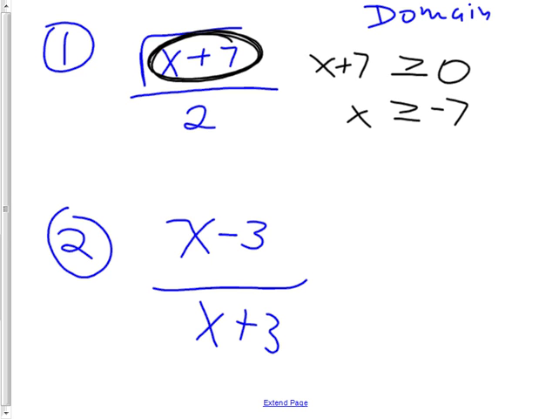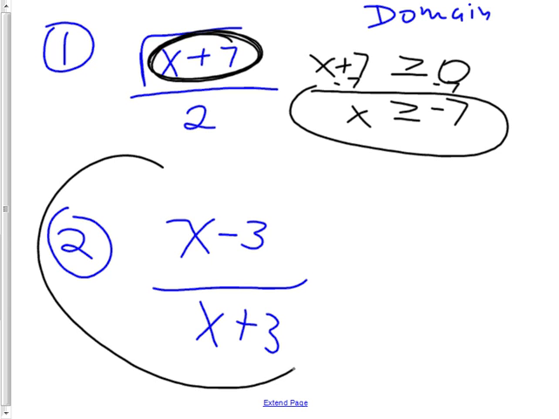I did a negative 7 on both sides, but you're right, I didn't divide or multiply by a negative. I just subtracted 7. All right, so there it is. X is greater than or equal to negative 7. That means any number in the world that is bigger than or equal to negative 7 will be okay. Every other number in the world would crash your function because you'd have a negative on the square root.